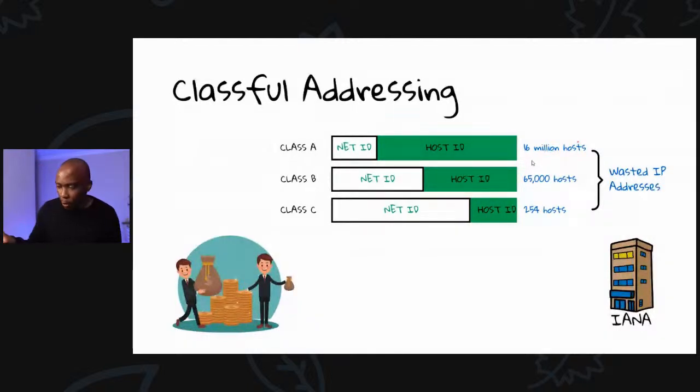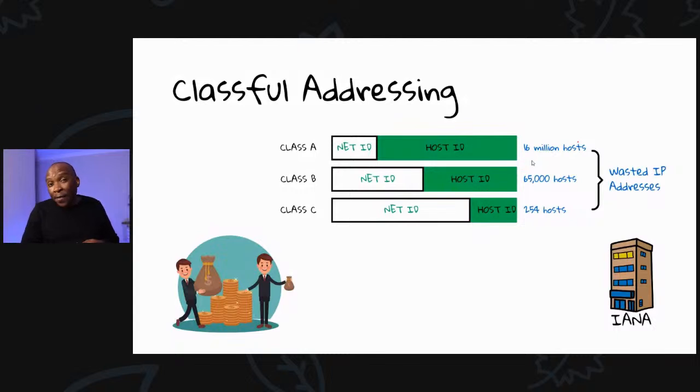A company goes and makes an application to the Internet Authority for some IP addresses. And this is why private addresses were introduced, because the dilemma was you go and make your application, and they could only give you one of three categories: a class A, class B, or a class C. If I give you a class A, there are only 128 networks that are class A addresses. So if you take that 127 left, how many hosts do you have? 16 million.